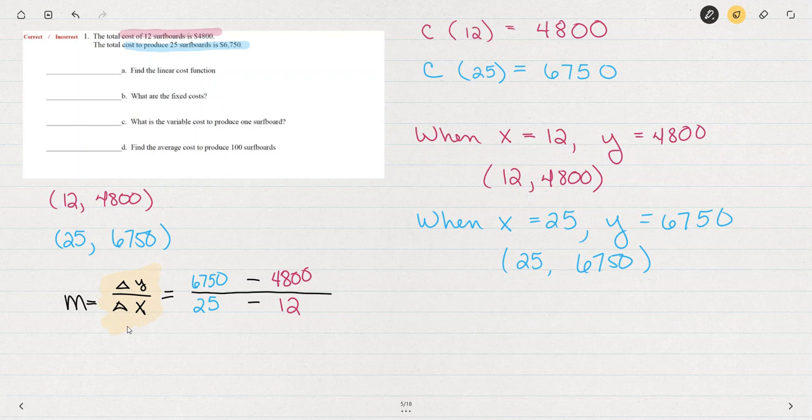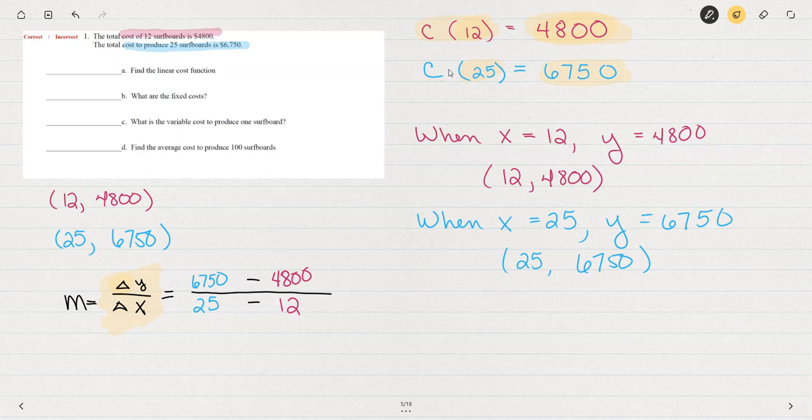We're looking at how the y value, which is the C of 12, not the 12, but the C of 12, or in other words, the 4,800, changes, so the change in y, with respect to the x, so with respect to the 12. To do this, we'd say that the difference of the two y's, so 6,750 and 4,800, their difference, divided by the difference of the two x's, the 12 and the 25.